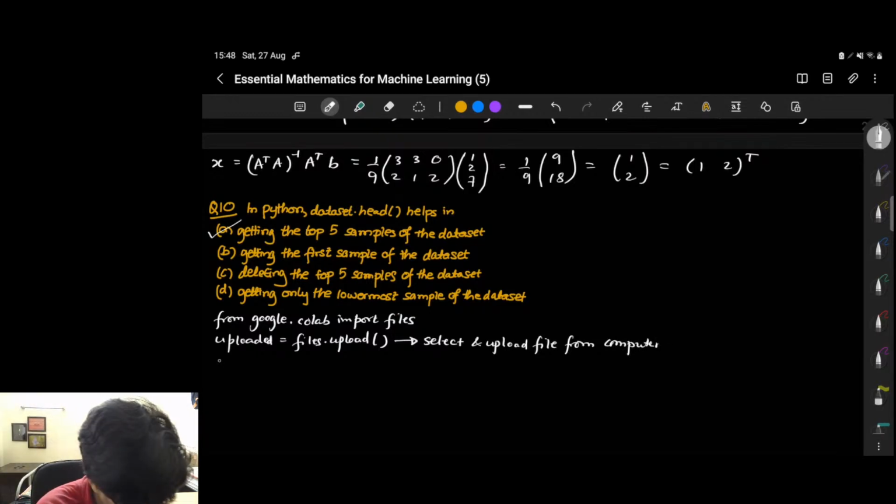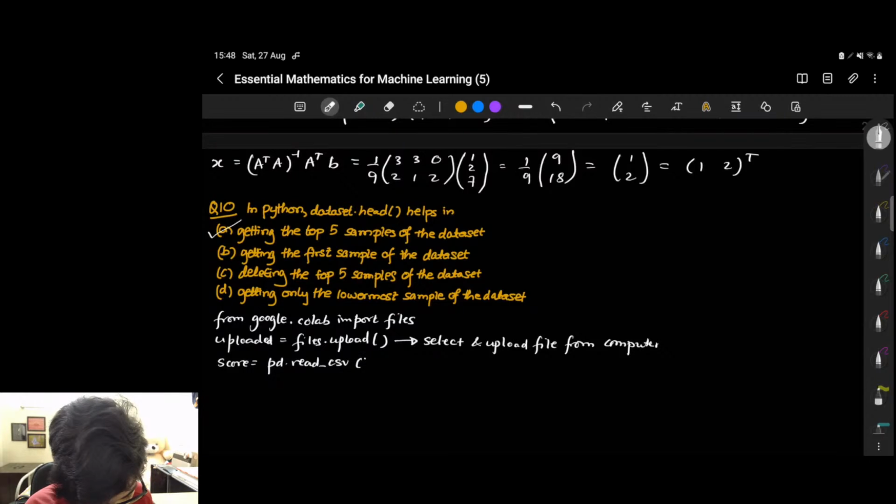And then let us say it is a data set of some students' mark sheets, some scores. So what we will do is we will read the file that we just uploaded, the student scores. Sorry, not CVS, it is CSV. CSV format file is there.